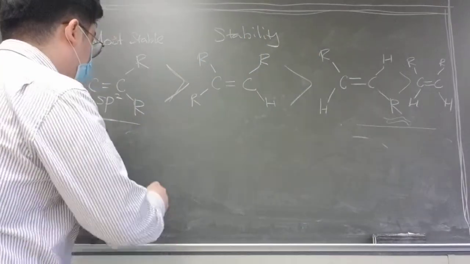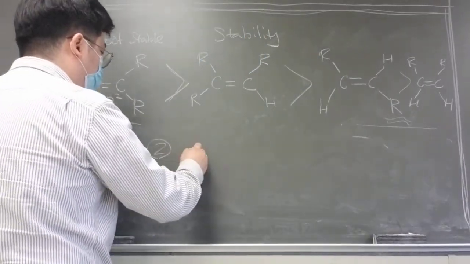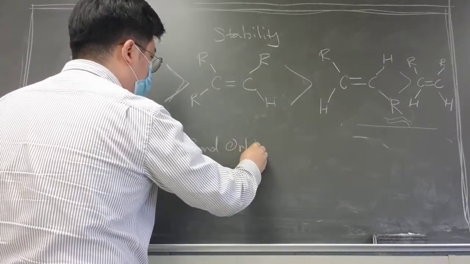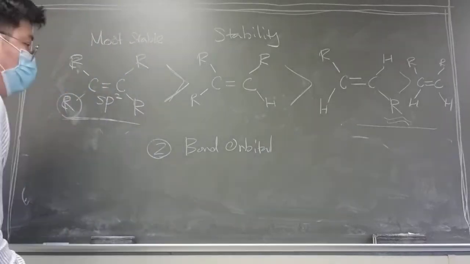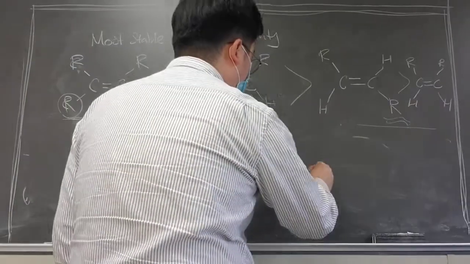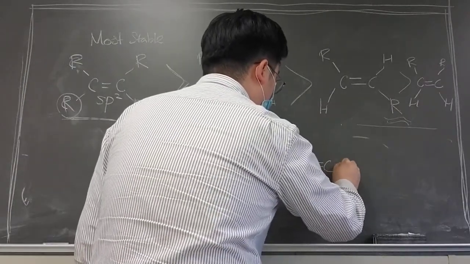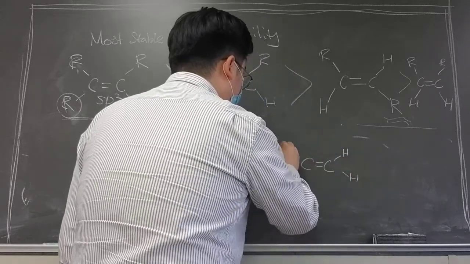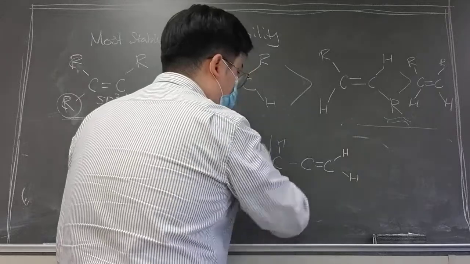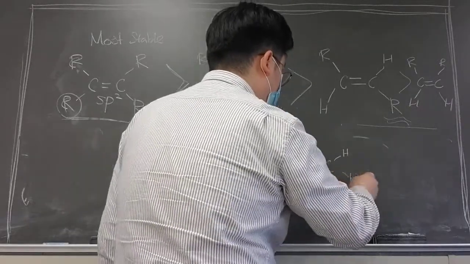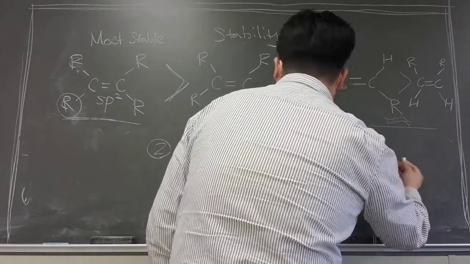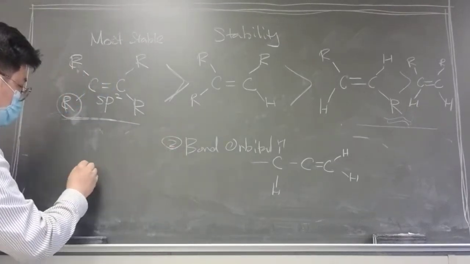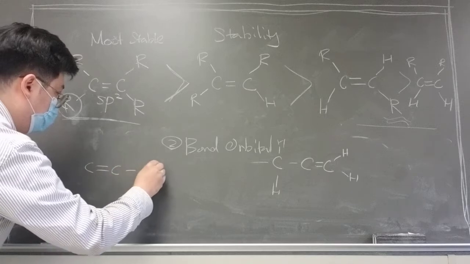The second one is the orbitals, the bond orbitals. Okay? So I'll give you two examples here. This is the one. I'm going to ignore all the other hydrogens, everything. Just bear with me. But this one is another one.